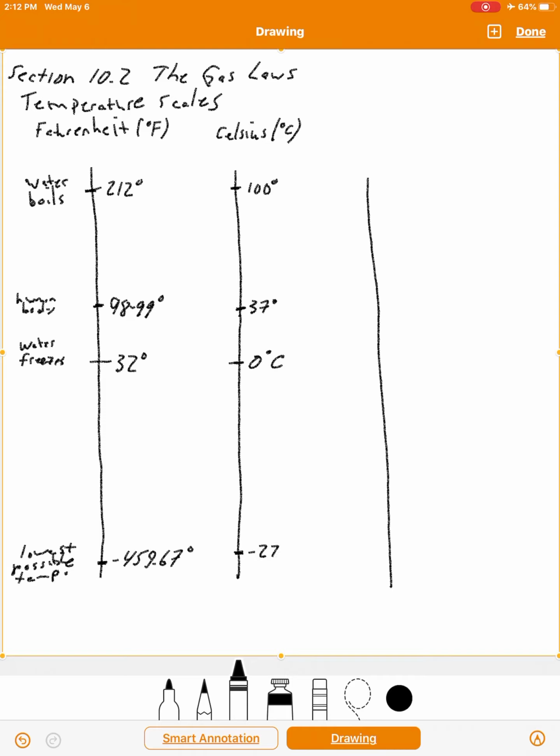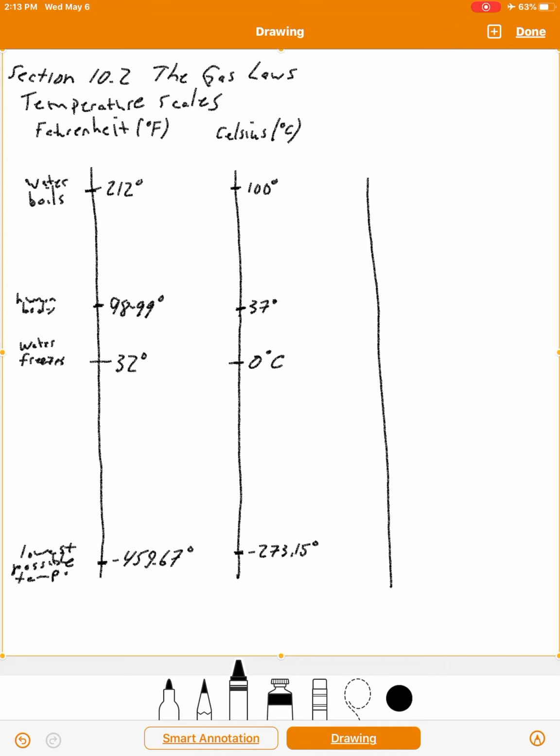Negative 273.15. Okay, so the low end of the temperature scale is negative 273.15. So notice with Fahrenheit and with Celsius, you can have negative values. You can also have 0, right? So water freezes at 0 degrees Celsius. 0 degrees Fahrenheit is a very, very cold day, but certainly possible.